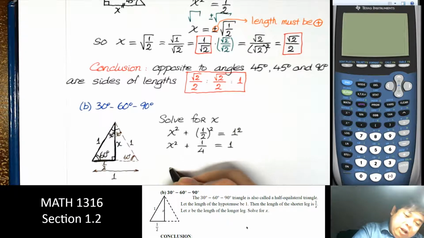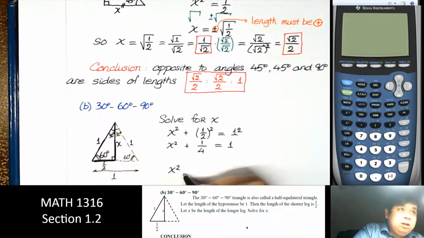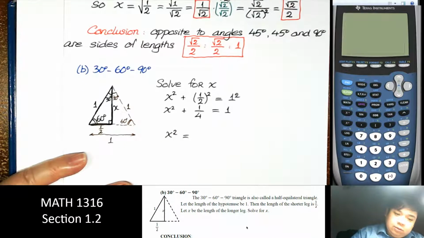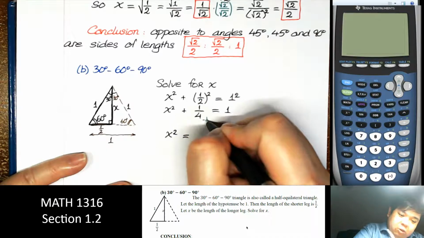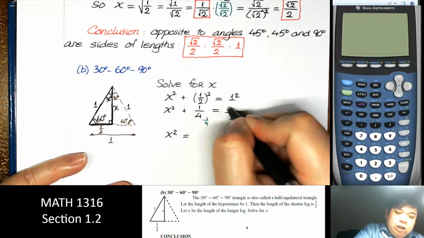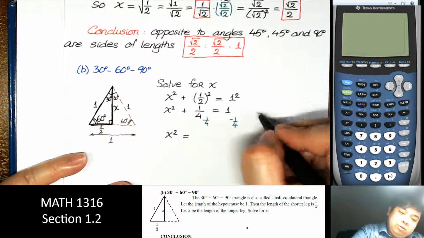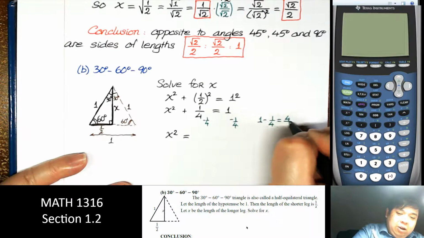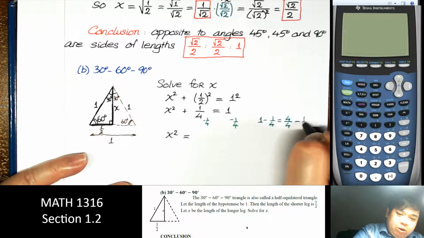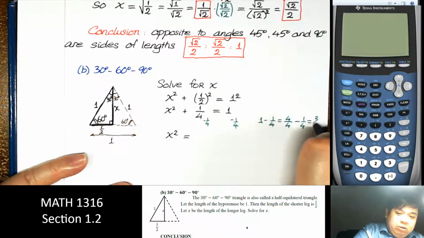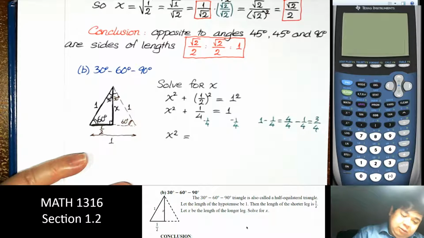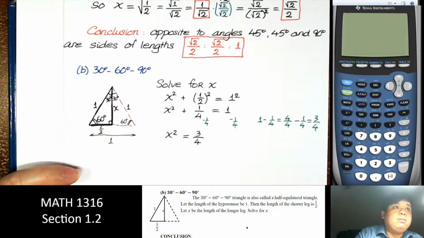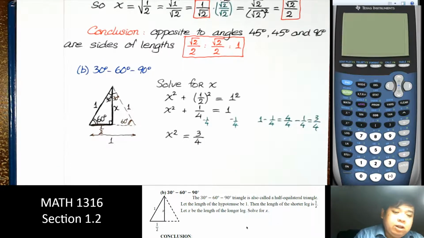We have x squared equal to 1 minus 1/4. Common denominator is 4, so 4/4 minus 1/4 is 3/4. Right?